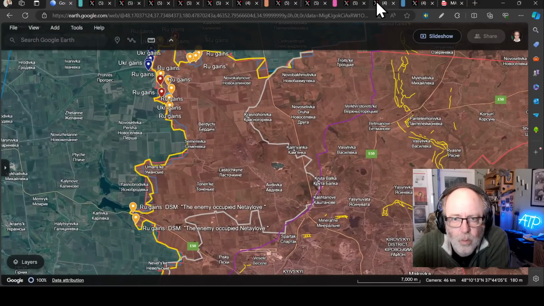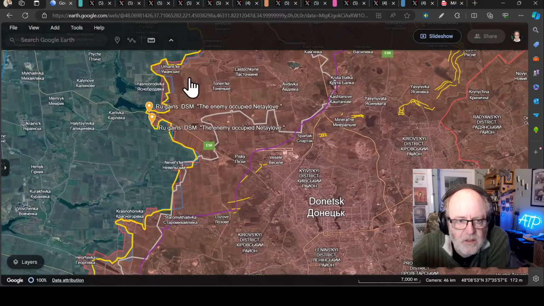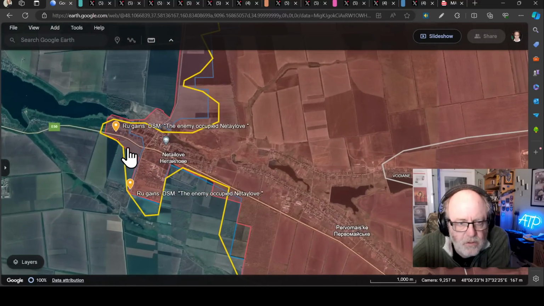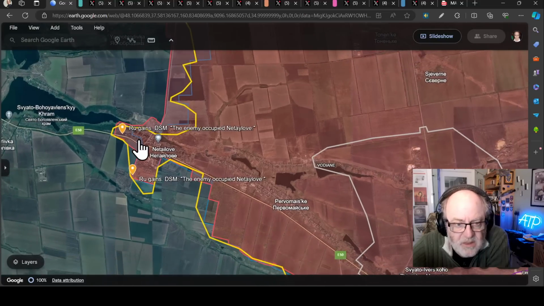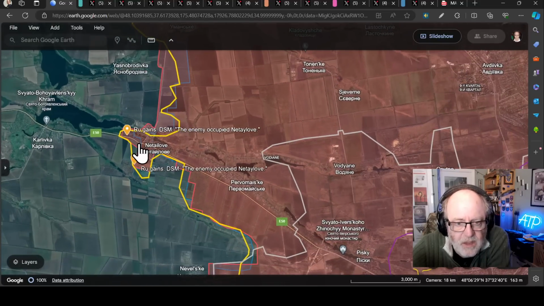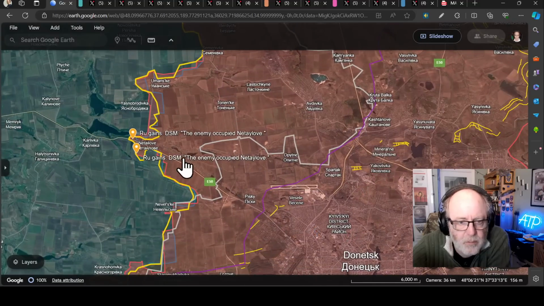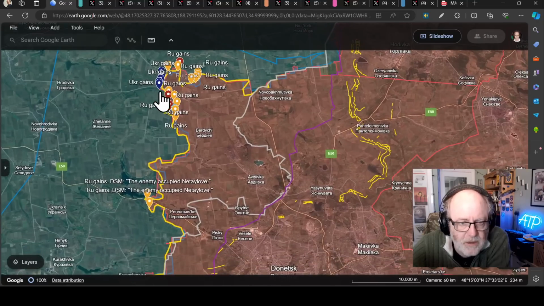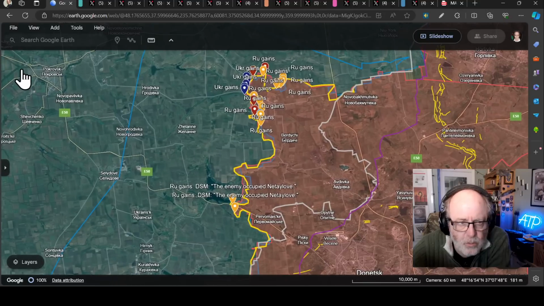And then we come further to the south here. We'll get to that in a second. To the other Suriyat Maps tweet there, Deep State Maps agreeing that the Russians have had some more success in the Netalove area to the west of Pervomaysky, and that's further south. But you can see, they're trying to obviously push as far to the west as possible to get towards Pokrovsk.